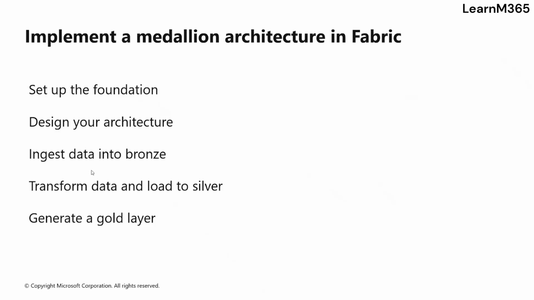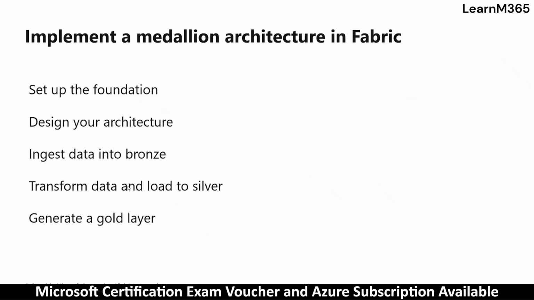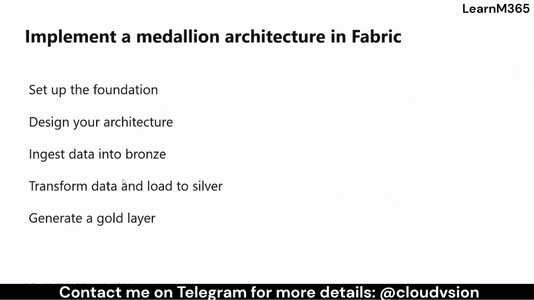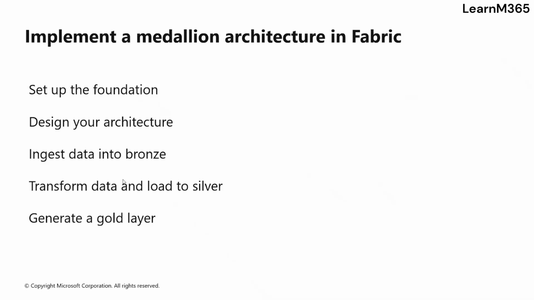All right. Now at the end, after transforming and loading data to the silver layer, we will go ahead with generating a gold layer. So here we have to determine how we'll generate a gold layer, what it will contain, and how it will be used.